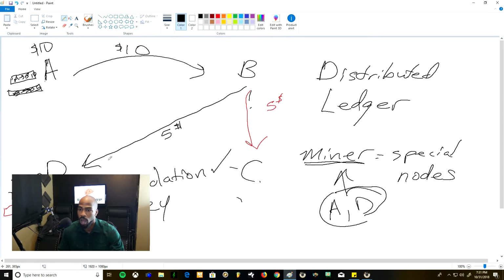So the reward comes from guessing the key. Now the key is random. They basically use their computational power to guess random keys. And what happens is they will publish the transaction with a key. And the first transaction to have the correct key gets to publish it to everybody's blockchain.